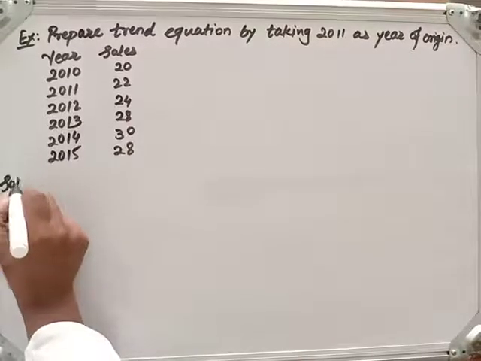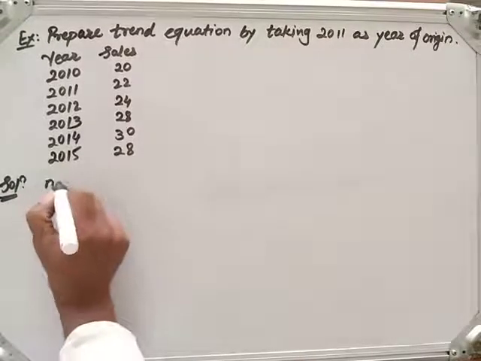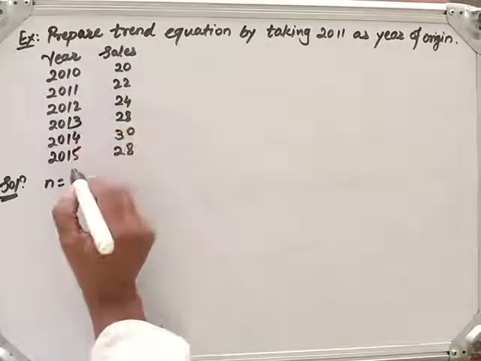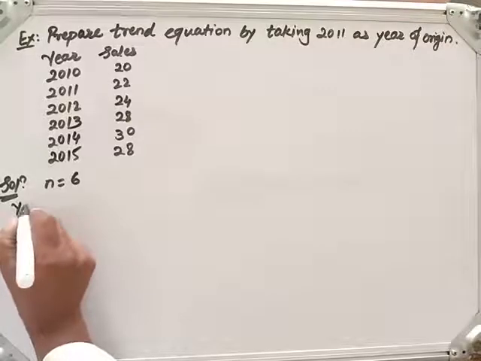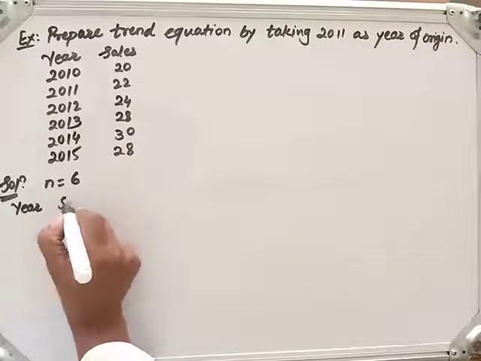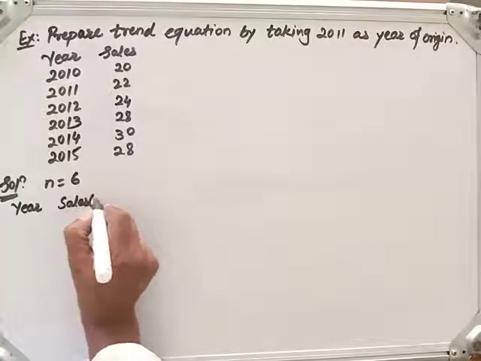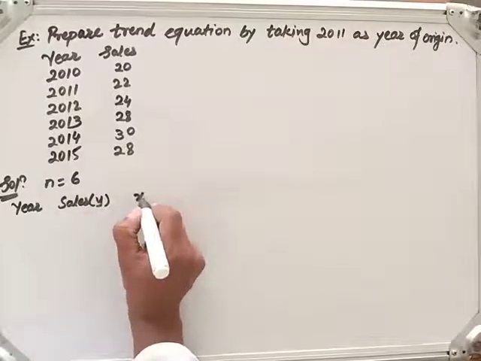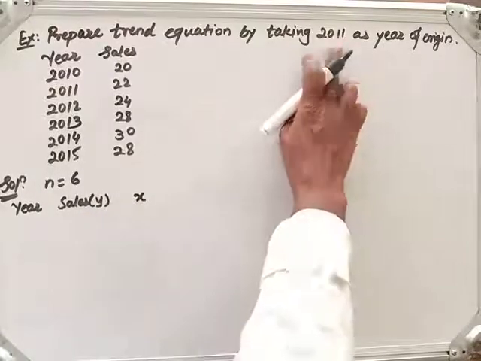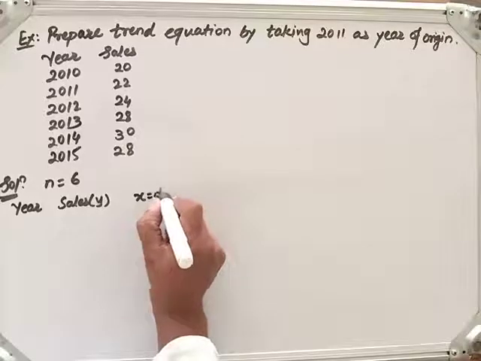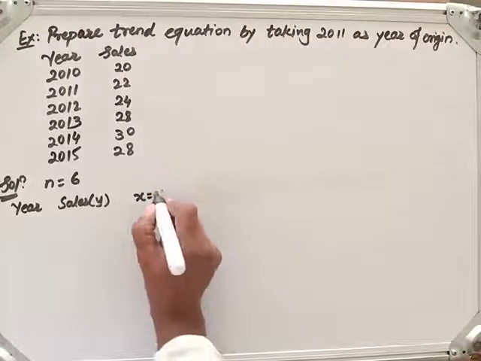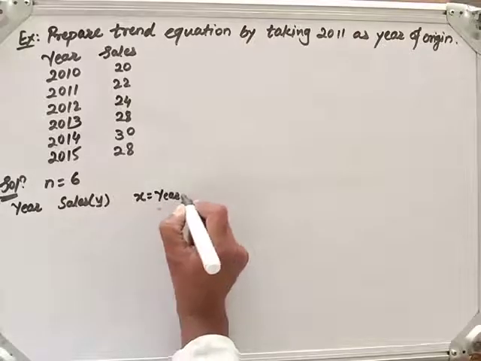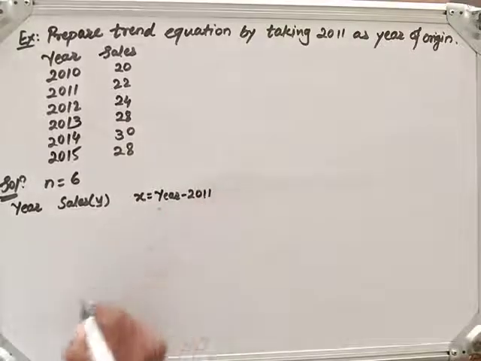Solution. What is n? n will be 6 here. So here sales is nothing but Y now. X will be determined. Take a deviation from 2011, that is year minus 2011, right?